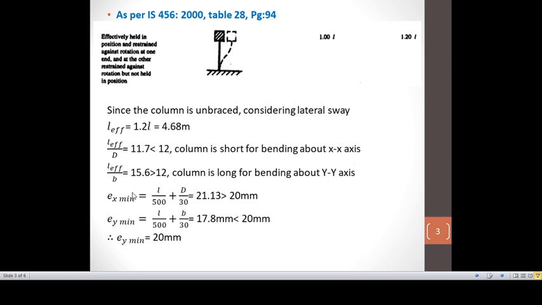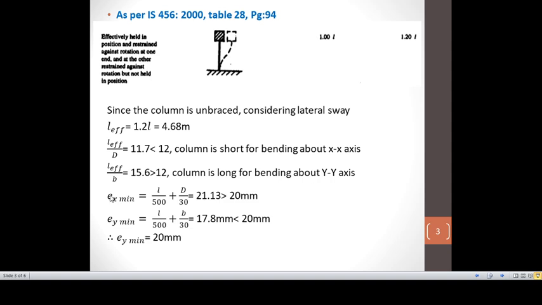But while calculating the slenderness in y-y axis, the denominator should be the dimension perpendicular to the y-y axis. That dimension is the breadth, so the equation becomes L effective by B, which is obtained as 15.6, which is greater than 12. So the column is long for bending about y-y axis. This column acts as short for bending about x-axis, but slender for bending about y-y axis.